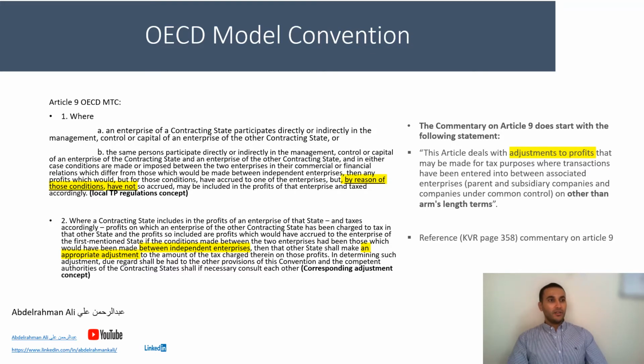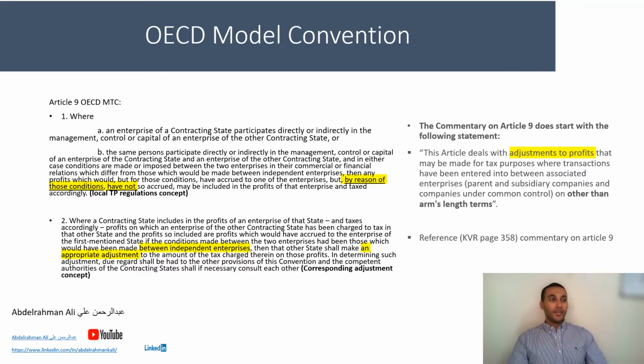It states that if an enterprise of a contracting state participates directly or indirectly in the management, control, or capital of another enterprise of the other contracting state, or the same persons participate directly or indirectly in the management, control, or capital of an enterprise of the contracting state and an enterprise of the other contracting state, so there is a relationship here, right?